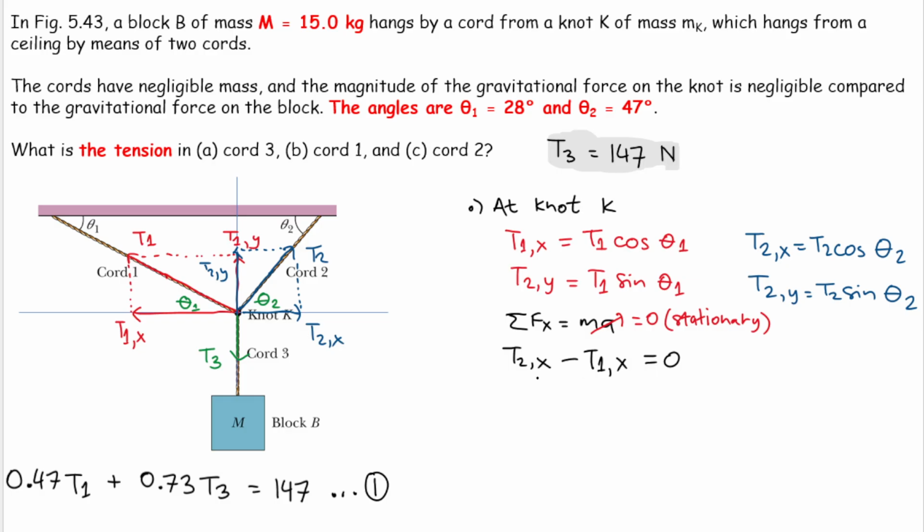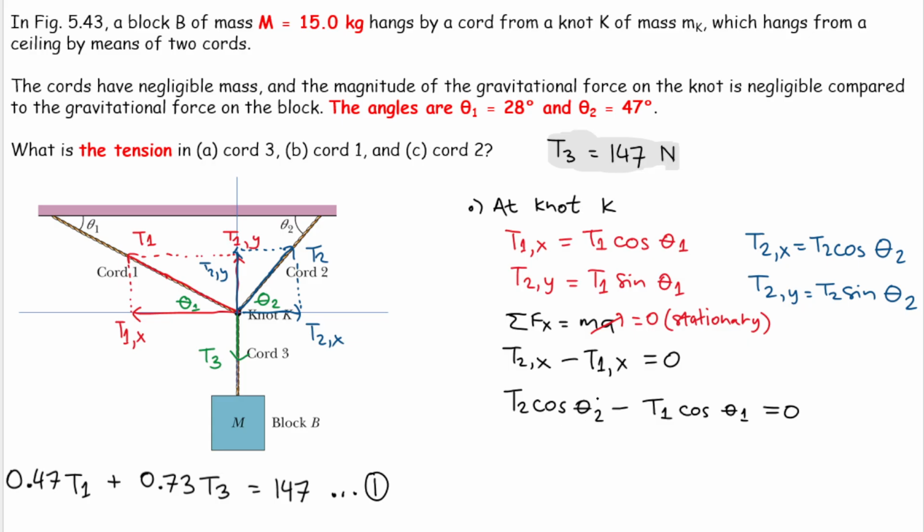Good. Now let's put this in. T2, x is T2 cosine theta 2, and then minus T1, x, which is T1 cosine theta 1. All of that will equal 0.